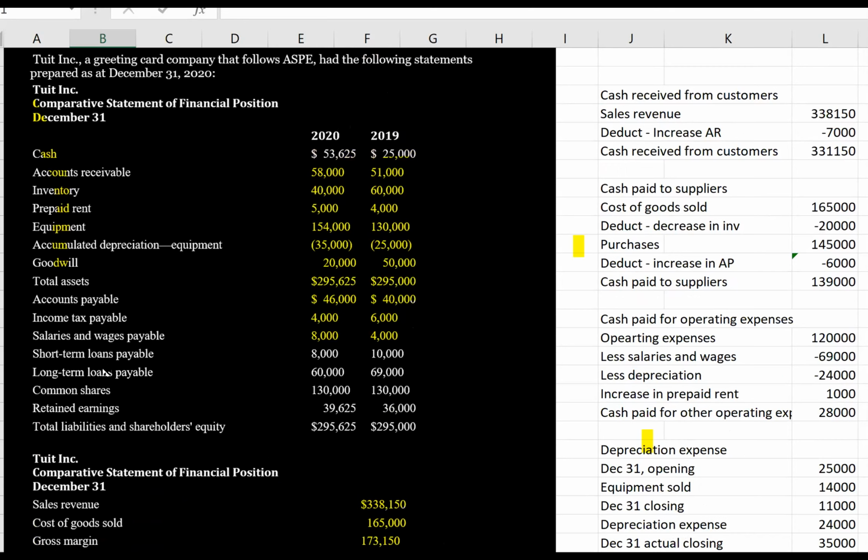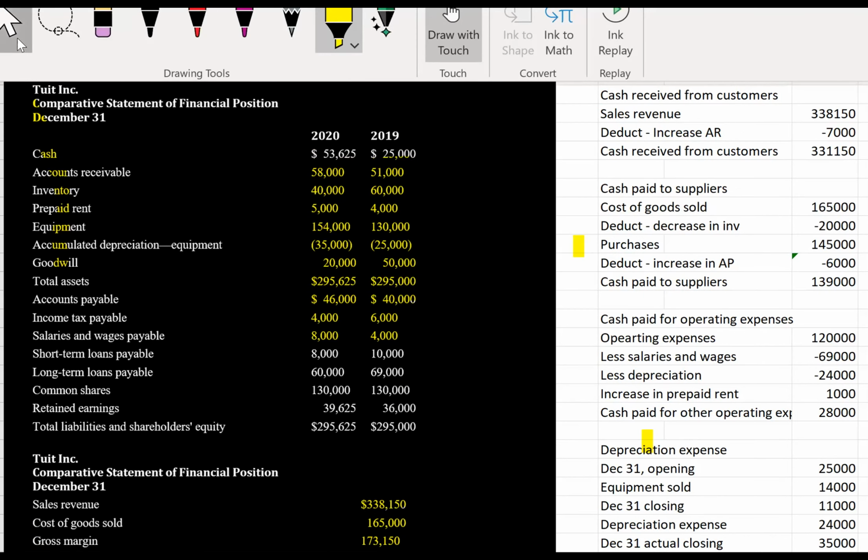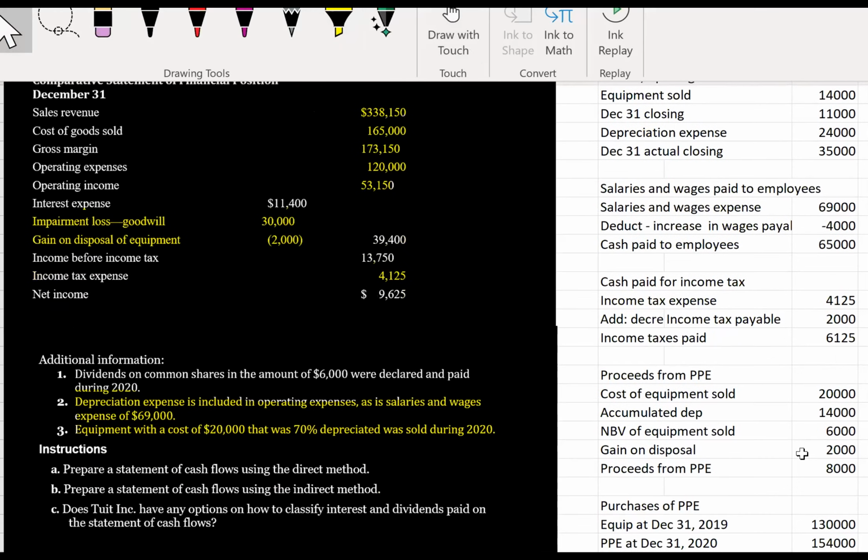Okay, so now we need to deal with these loans. We've got a short-term loan payable and a long-term loan payable, and we've also got equity that we need to deal with as well. So let's turn our attention to that to complete our financing activity section.